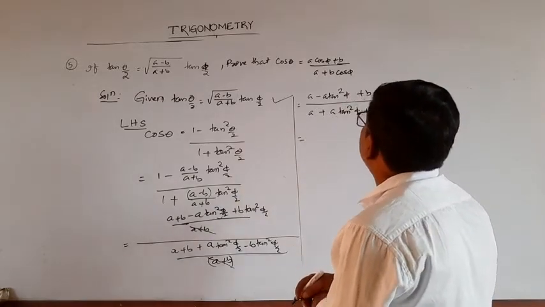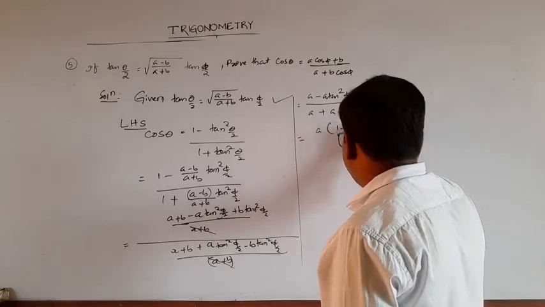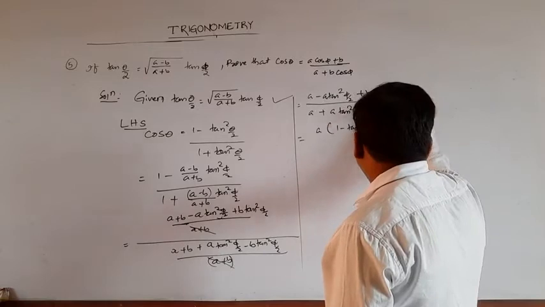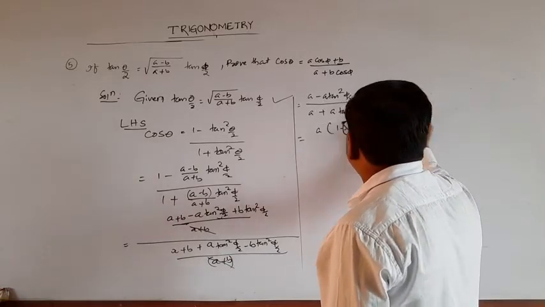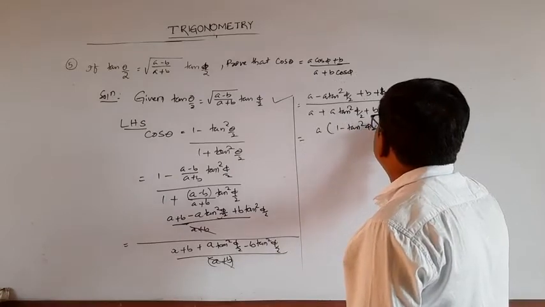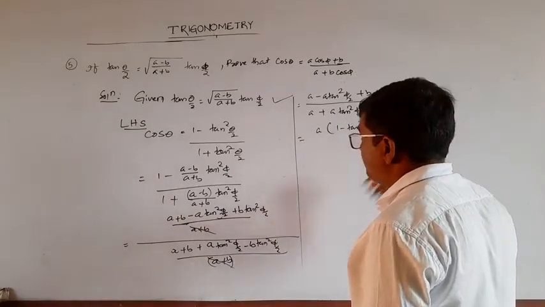So this is equal to what? Take A common: A into (1 minus tan² φ/2) plus B common (1 plus tan² φ/2).